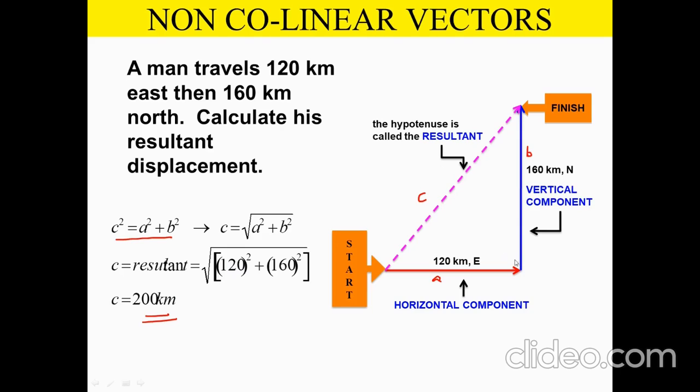So you can use this tail to head technique, and you can find the resultant vector c by using the Pythagorean theorem. According to the Pythagorean theorem, the square of the hypotenuse will be equal to the sum of the squares of the individual vectors, a squared and b squared. If you do that, we get a resultant value of 200 kilometers.